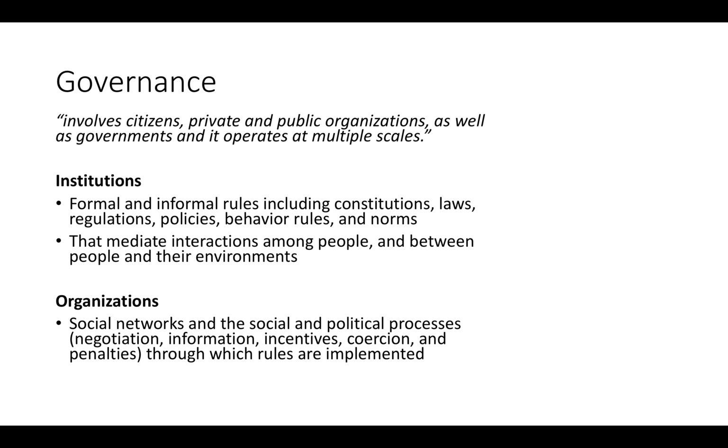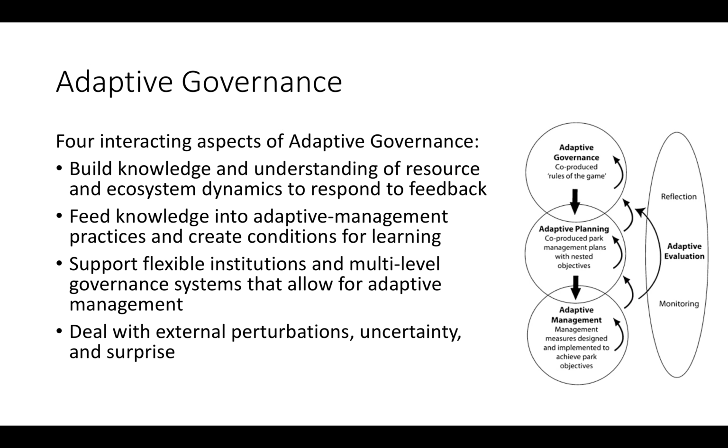Governance has two key components: institutions and organizations. Institutions refer to the formal and informal rules, laws, regulations, policies, and then to the very informal side, norms. Institutions mediate interactions between people, and between people and their environments. And then organizations refers to the social networks and the social and political processes through which the rules are implemented.